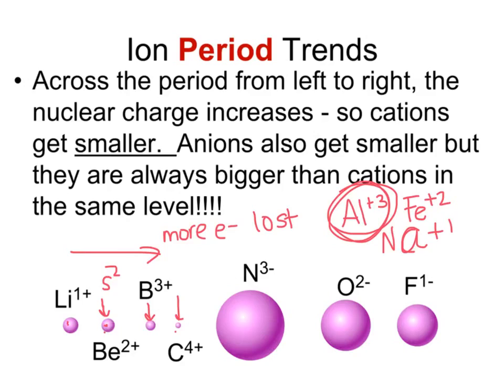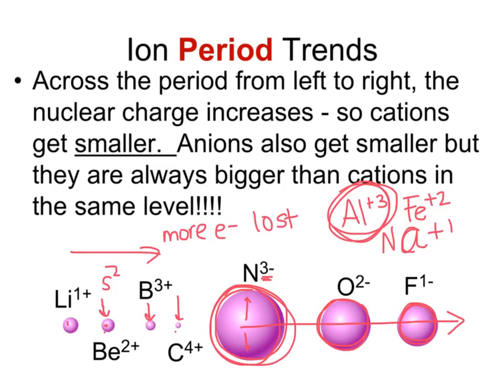And notice the opposite is true also. These are actually, they go in this direction on the periodic table, but whichever one has gained the most electrons ends up being the biggest, because now it has more electrons than it can control, and the nucleus can't pull them as tightly. So gaining 3 electrons is going to make something much, much bigger than when it just gains 2 or when it just gains 1.